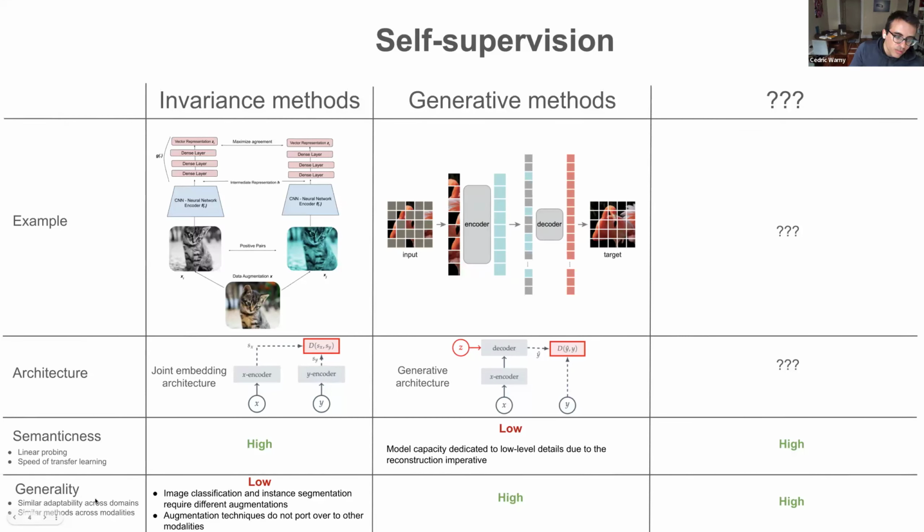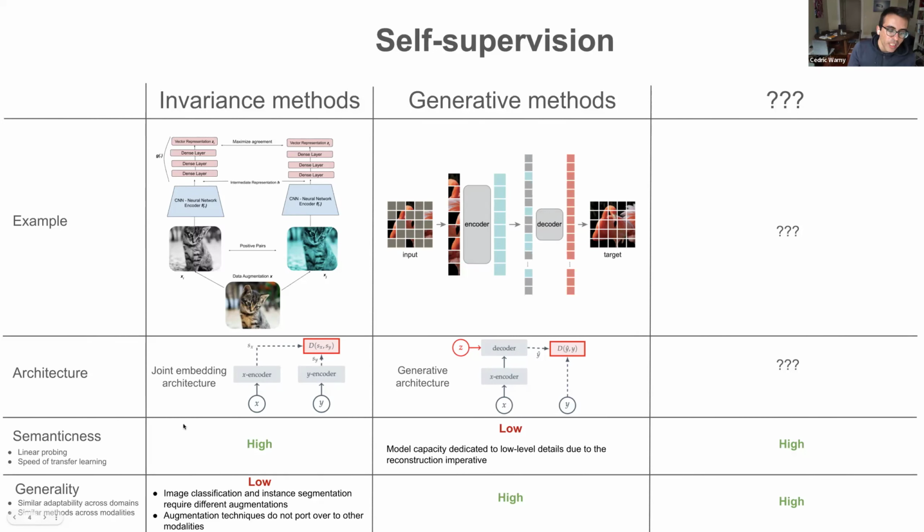The second way to assess those two methods is generality. It's related to semanticness, maybe there's a lot of overlap here, but what I mean by generality is that you have similar adaptability across domains.